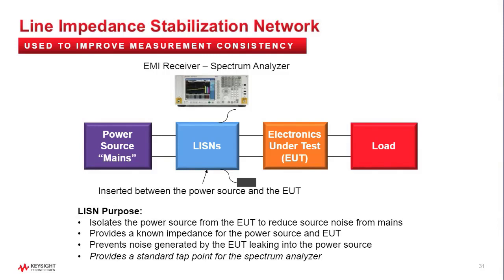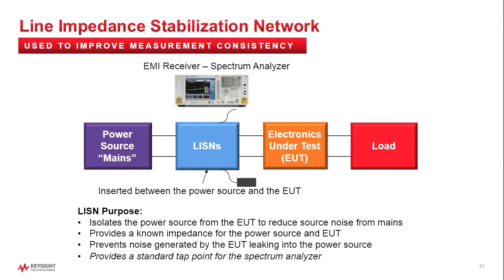As I mentioned earlier, there's this thing called a LISN, a line impedance stabilization network. This is a significant portion of the measurement standards. Essentially it's a high-pass filter, and it has some very tight tolerance components in it.